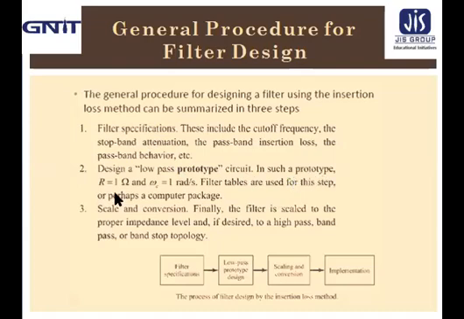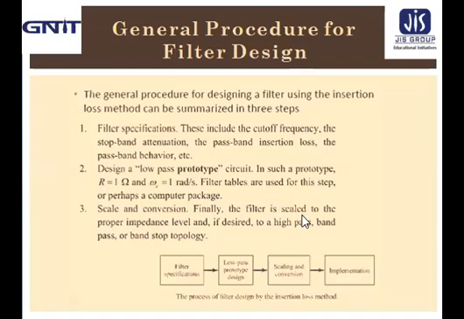In such a prototype, here we will consider that R resistance equal to 1 ohm and omega c will be equal to 1 rad per second. And the filter tables which are used for this step, or perhaps a computer package. And third one is scale and conversion.